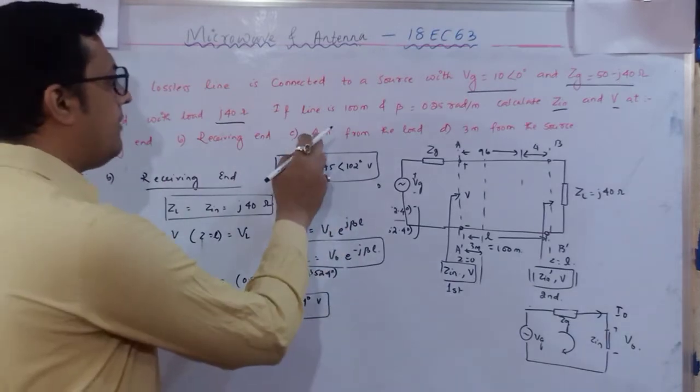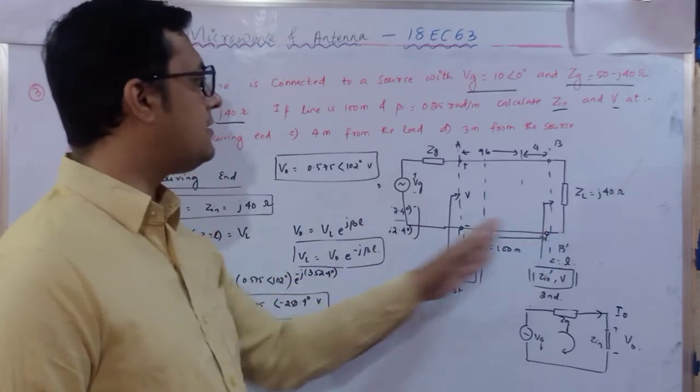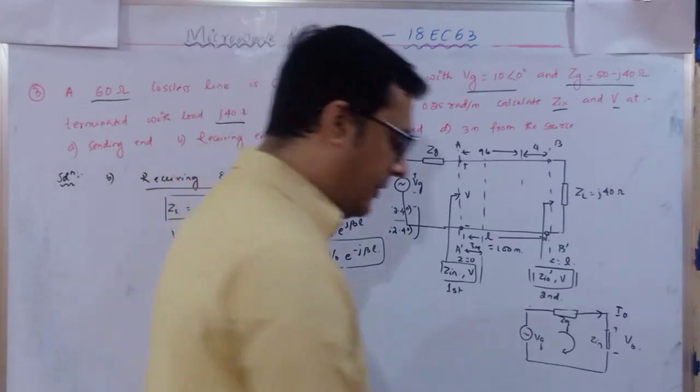Next we will calculate 4 meter from the load. So 4 meter from the load means from this side, and 3 meter from the source means from this side. Step by step we will see.